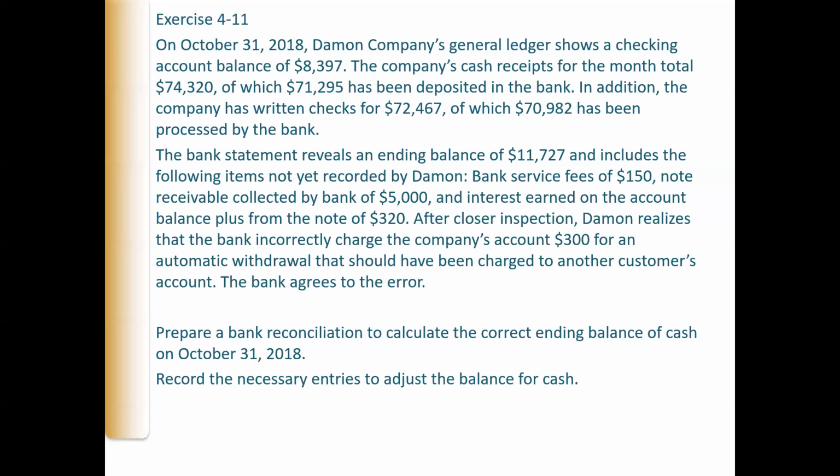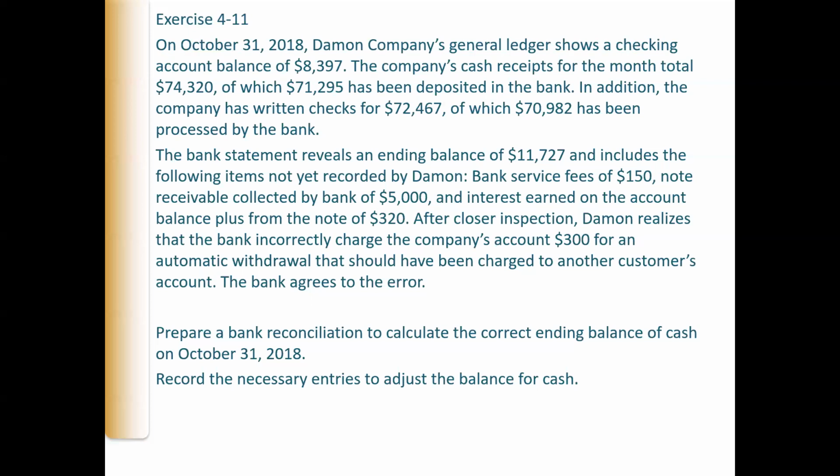In addition, the company has written checks for $72,467, of which $70,982 has been processed by the bank. The bank statement shows an ending balance of $11,727 and includes the following items not yet recorded by the company: bank service fees of $150, a note receivable collected by the bank of $5,000, and interest earned on the account balance plus from the note of $320.